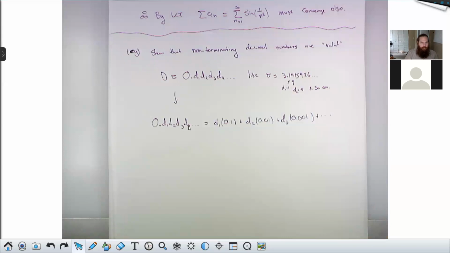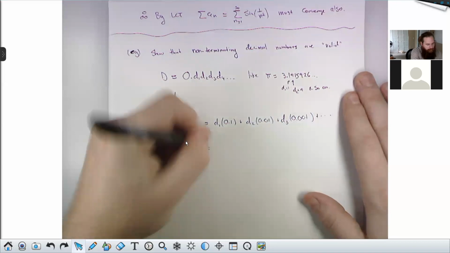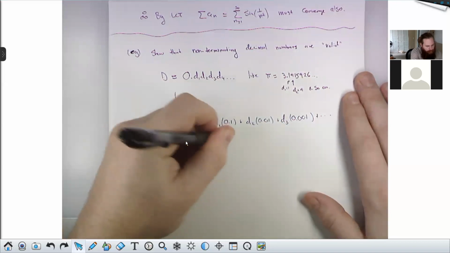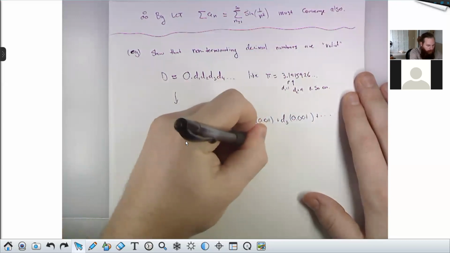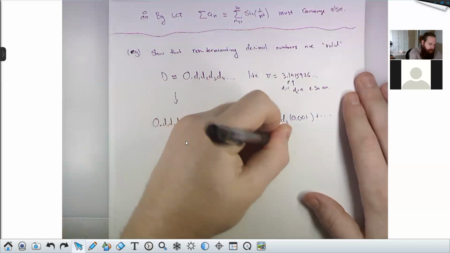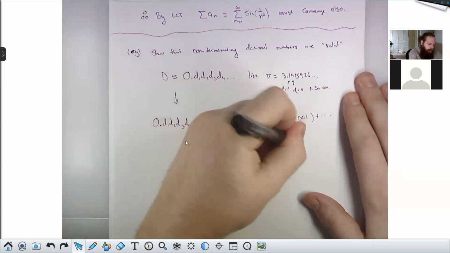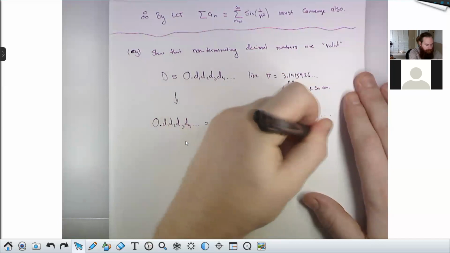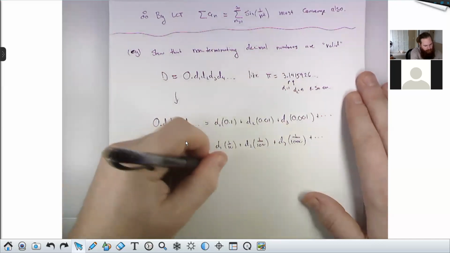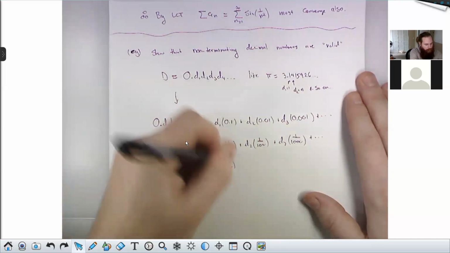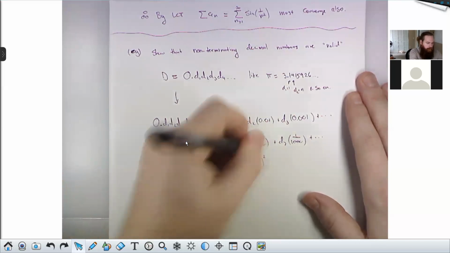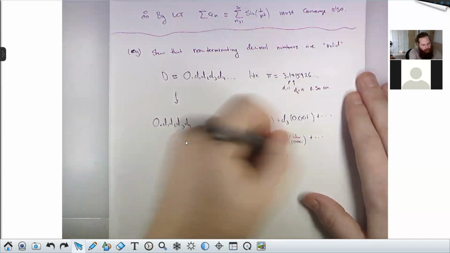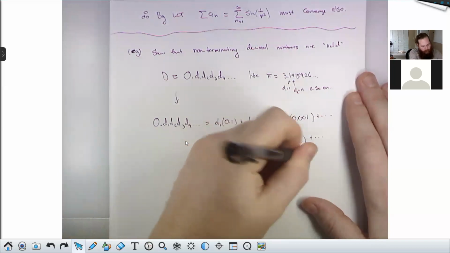So if you add those up, you do get this number. And that is D1 times 1/10 plus D2 times 1/100 plus D3 times 1/1000 and so on, which is D1 times 1/10 to the 1 plus D2 times 1/10 squared plus D3 times 1/10 cubed.